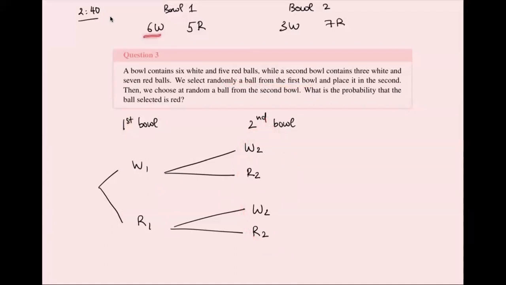We start with 6 white and 5 red in the first bag, which means the probability that you pick a white ball is 6/11, because in total you have 6 plus 5 balls, which is 11.